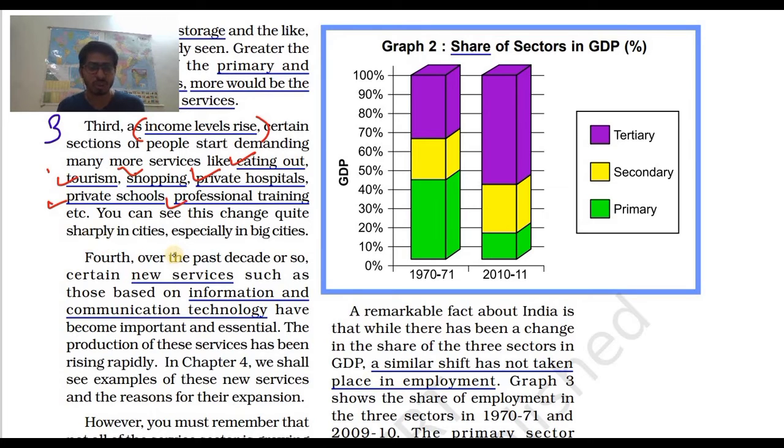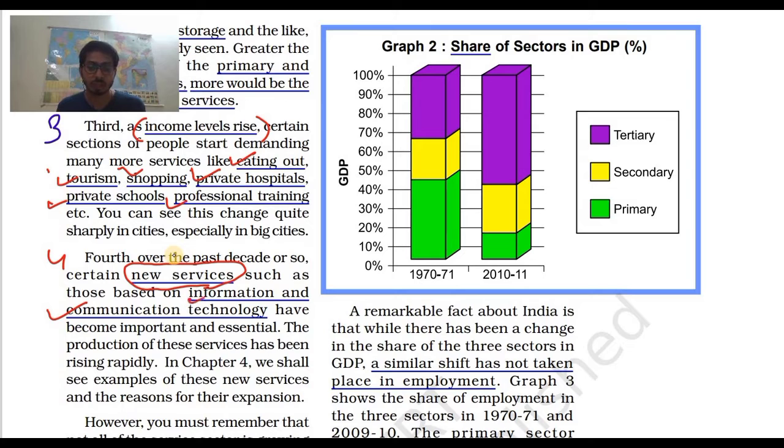So next is the fourth reason. Over the past decades or so, certain new services have come up. What are these new services? Information and communication technology. As you know, the way you are watching this video, it might be on YouTube.